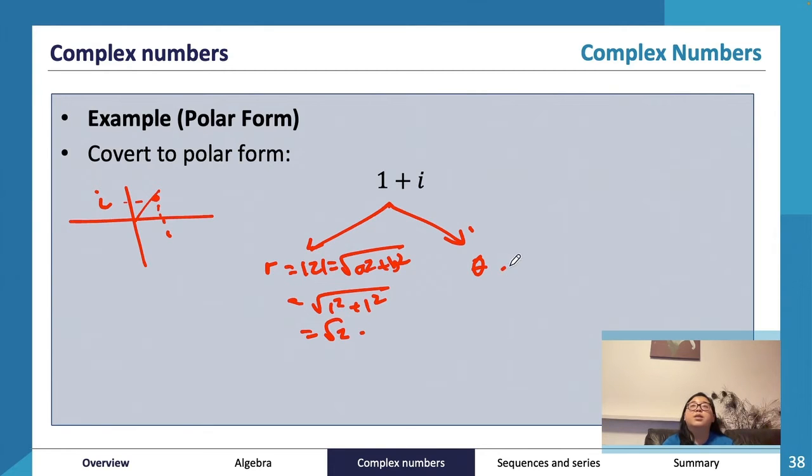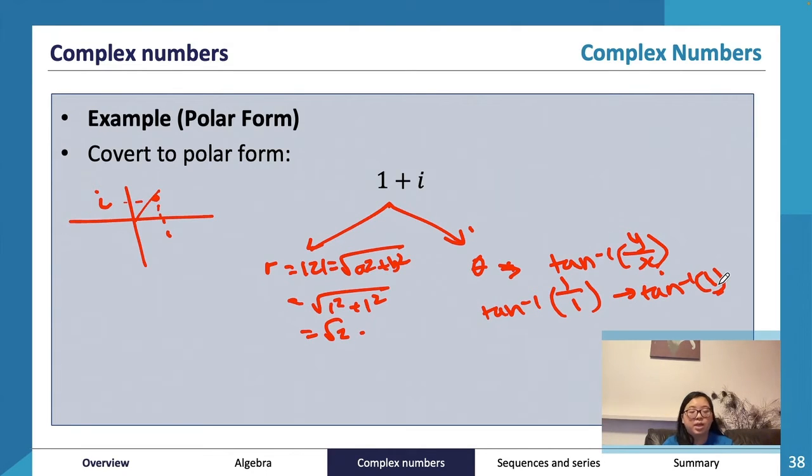All right, so then our theta. Our theta is best found via tan inverse of our y over our x component. So that's 1 over 1, so it will be tan inverse of 1. The only catch is that we need to tell which quadrant it's in, because for any angle that we find, tan could be in this quadrant for positive ones, or in this quadrant if we're talking about negative things.